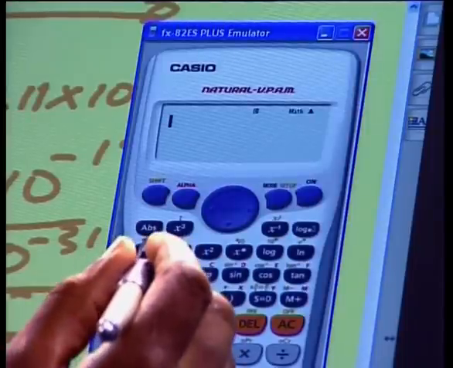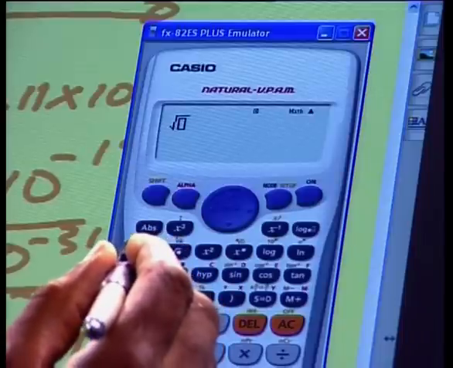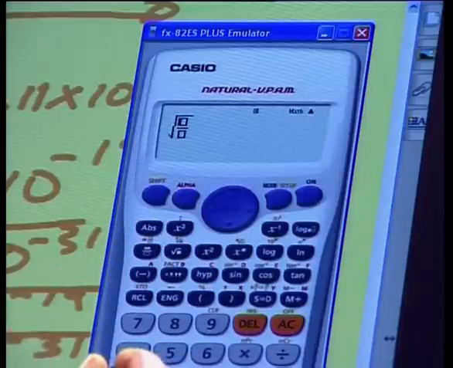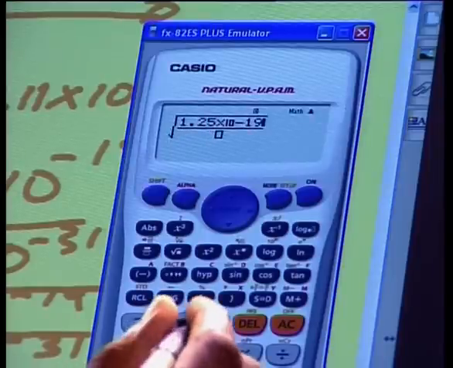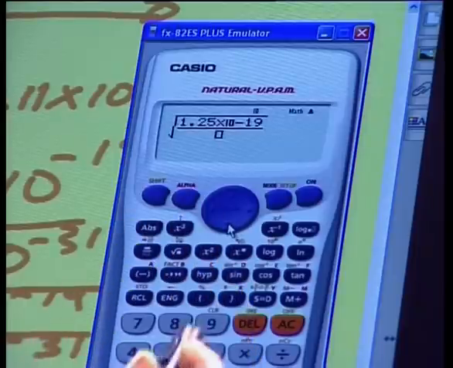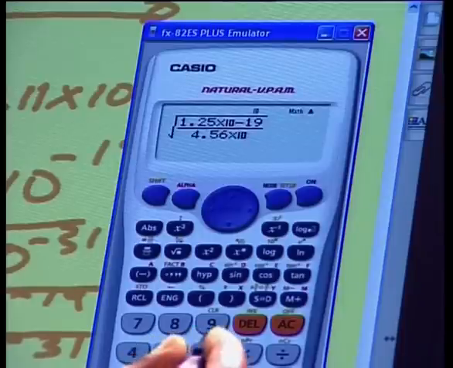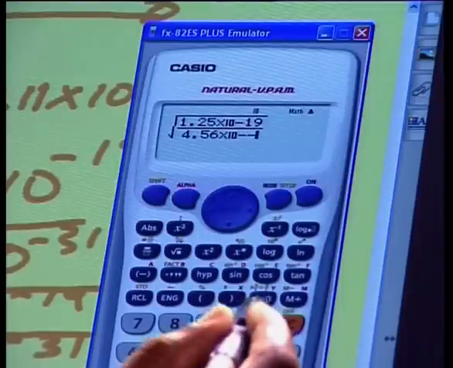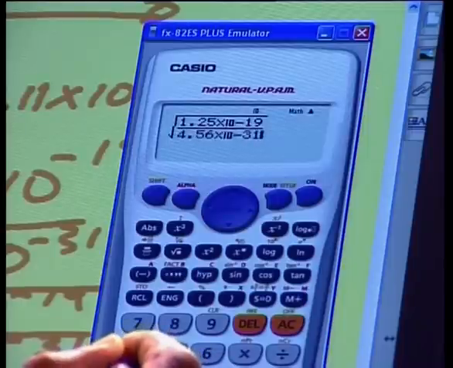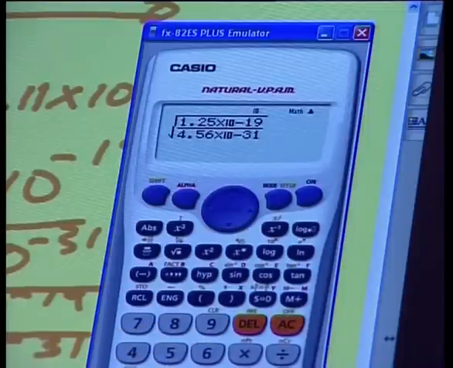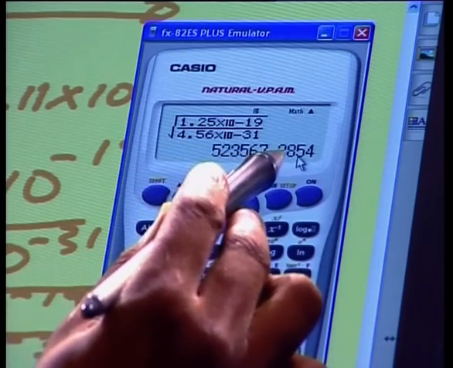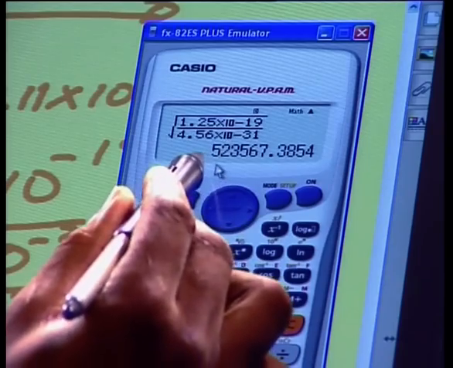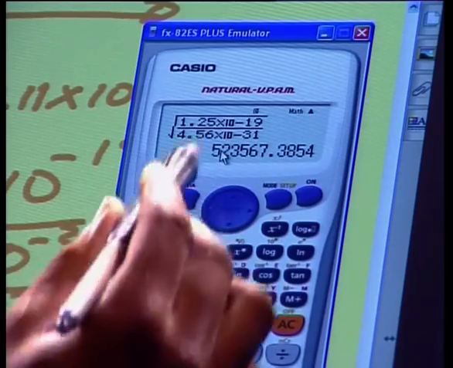So we'll say 1.25 by 10 to the power minus 19 divided by 4.56 by 10 to the power minus 31. And what will that be? That gives us 523,567.39 meters per second.